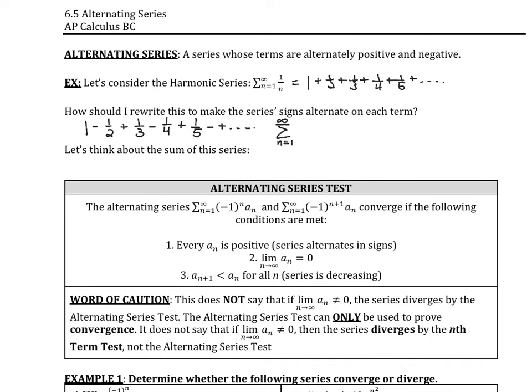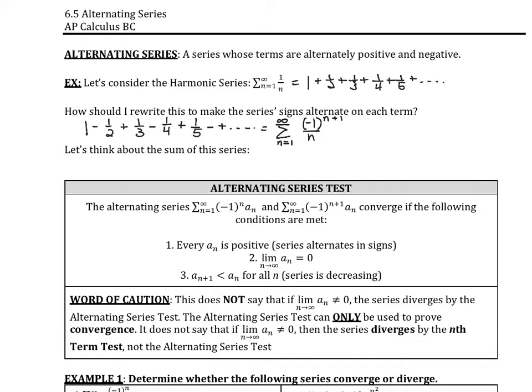So if we're still going from 1 to infinity, this is still going to be over n, but how do I get that alternating piece? If you remember, we can take -1 and raise it to the n power, although that would start with a negative first. But if we do n plus 1, that would give us our alternating series.